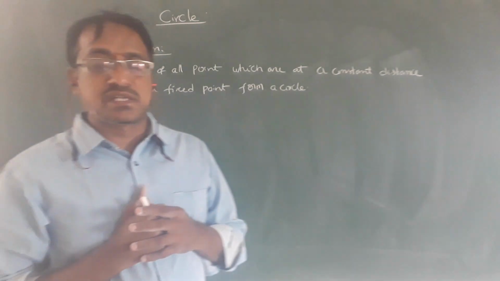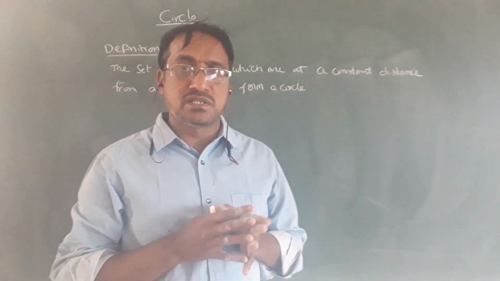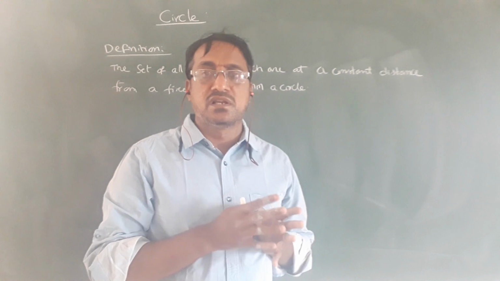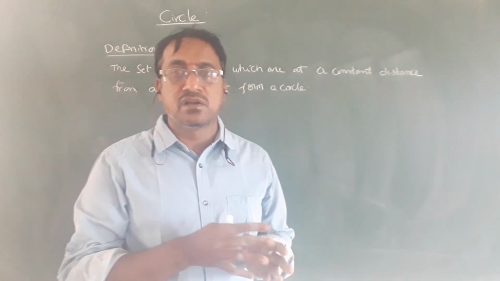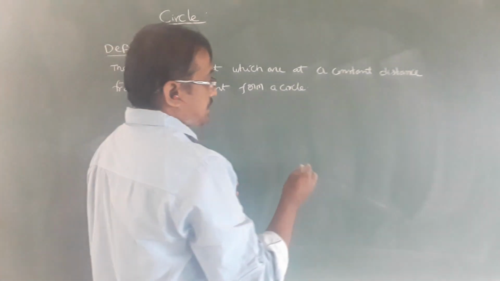Very easy to understand. The set of all points which are equidistant or at a constant distance from a fixed point form a circle. Now see this.